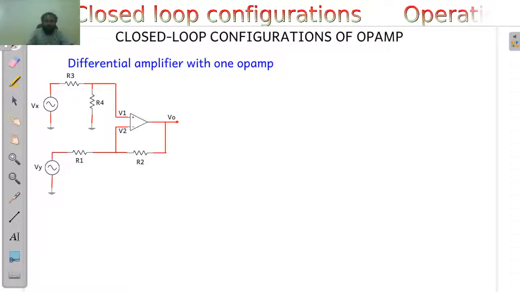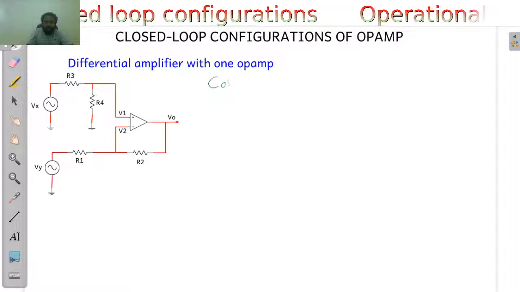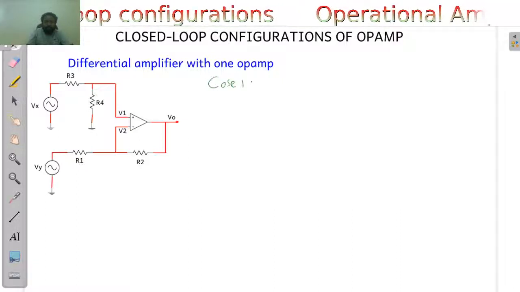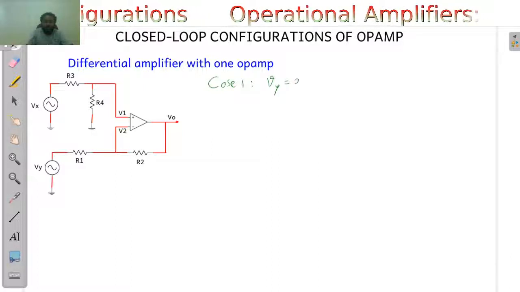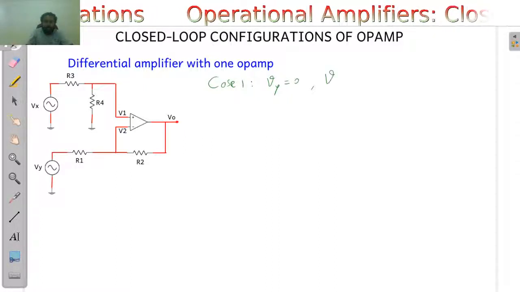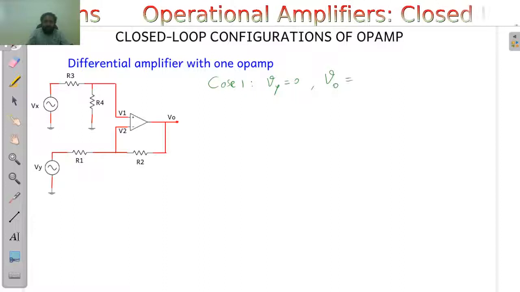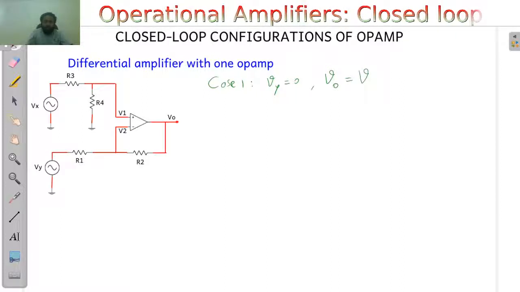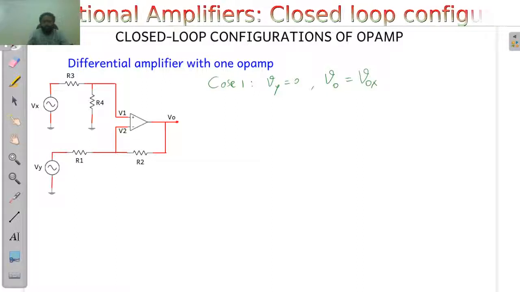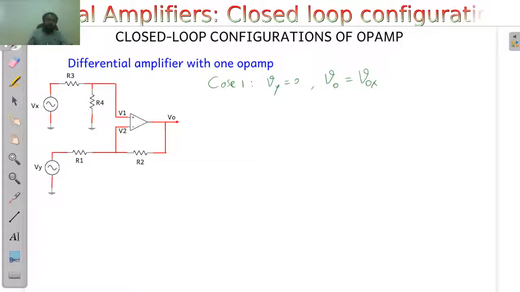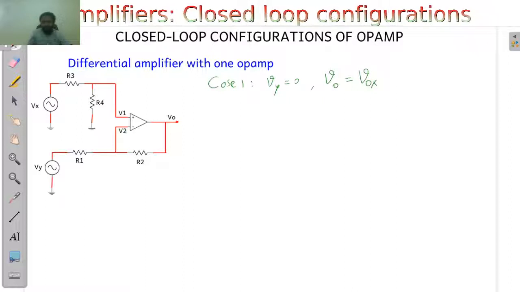In my first case, case 1, Vy is equal to 0 and the output will be called Vox, because now the output is just due to the voltage source Vx.